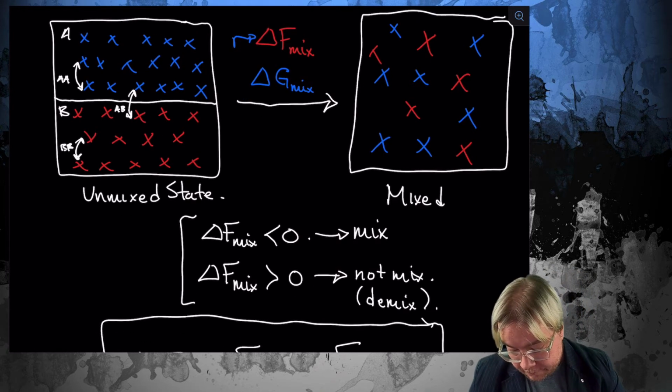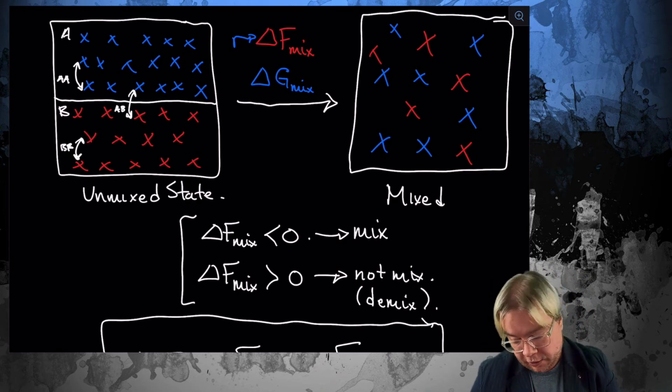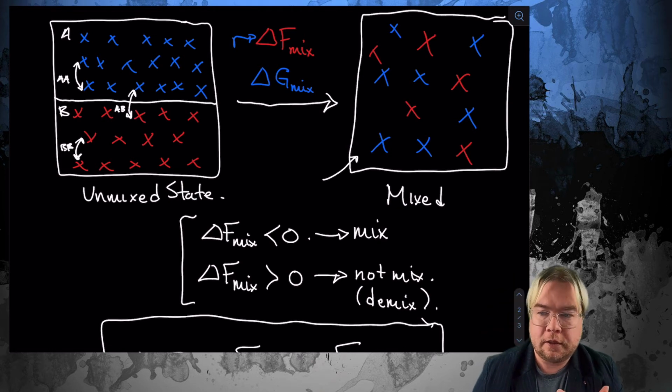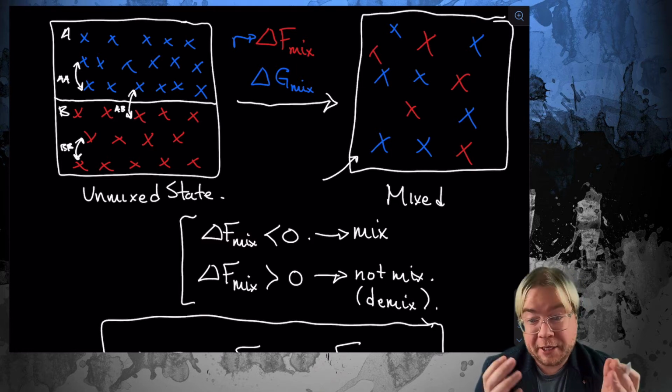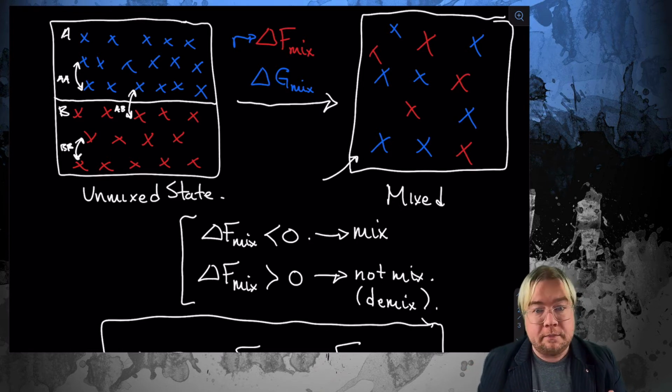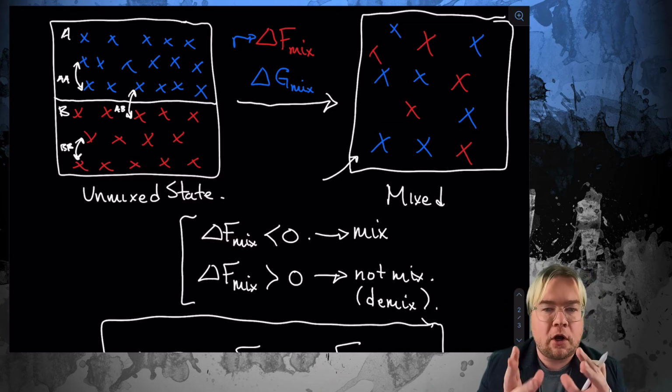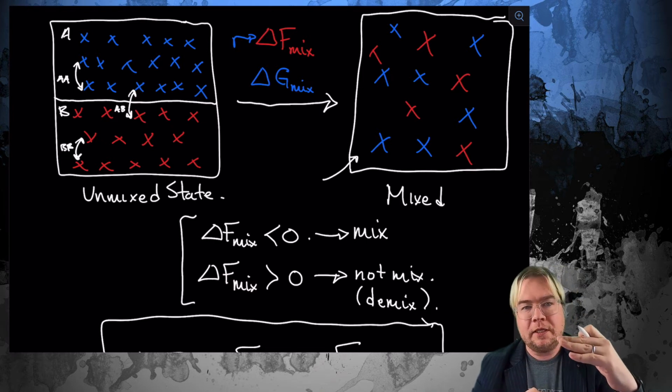So that means that we're just going to focus in this video on entropy. And what does entropy do? What does entropy say about whether something will mix or not mix? You kind of already know the answer, right? Entropy is going to encourage things to mix because you're going to get a more mixed up, disordered state. It's more likely that you're going to have red particles and blue particles all mixed up than it is to have them completely separated.